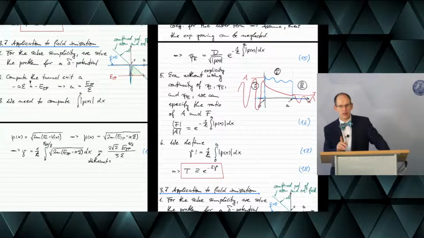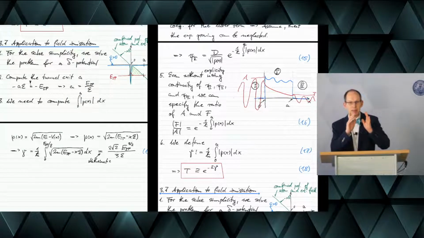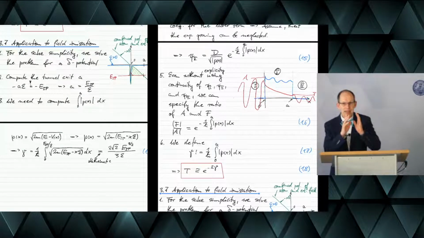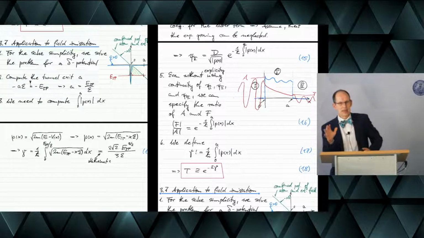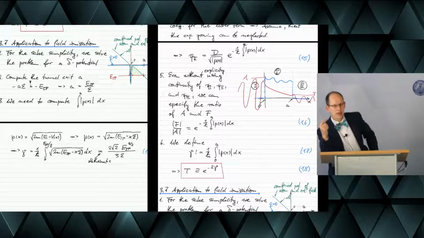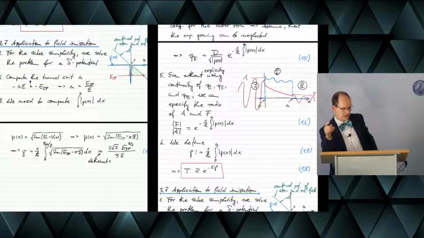In the strong field approximation, we say that at a certain instant during the oscillating pulse, the electron tunnels, which implies that we assume the tunneling is a fast process. Therefore, we assume that while this tunneling takes place, the field is constant.